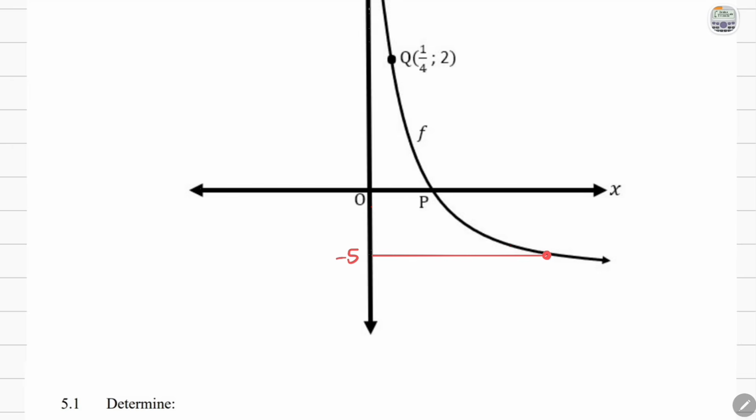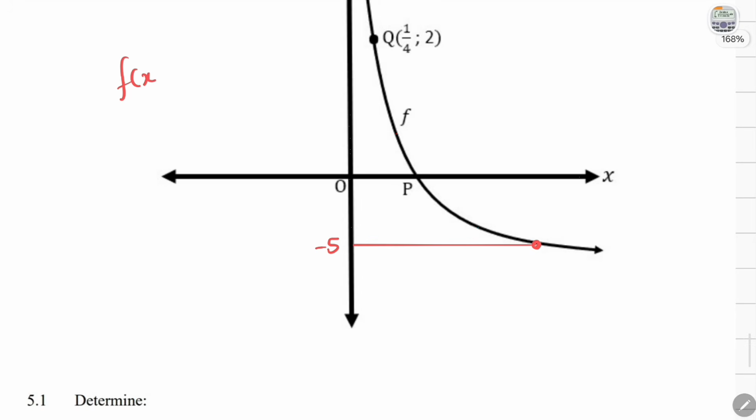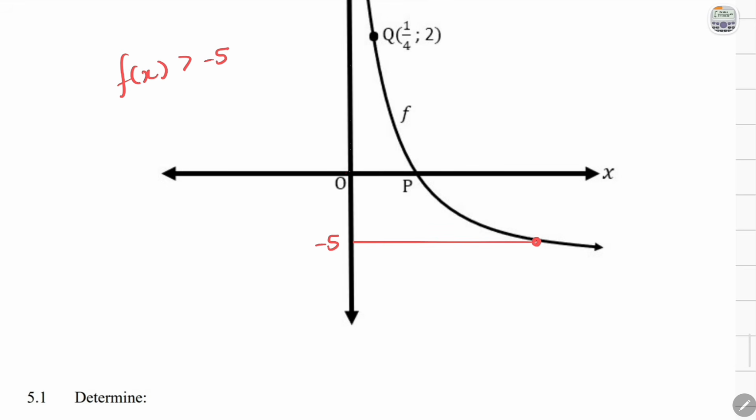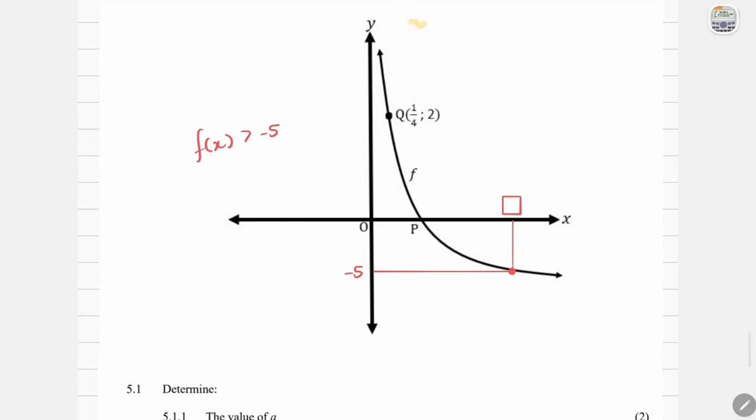So they want to find out where this graph is going to be greater than negative 5. Once we find out what that x value is, where it's equal to negative 5, we can say it's greater than negative 5 for all these values, all through here, because all of these will have y values greater than negative 5.